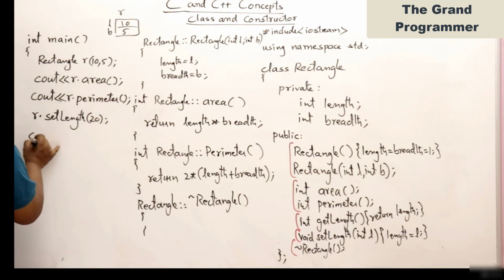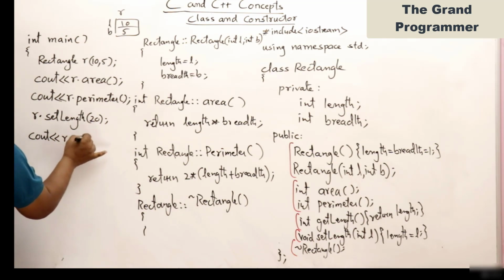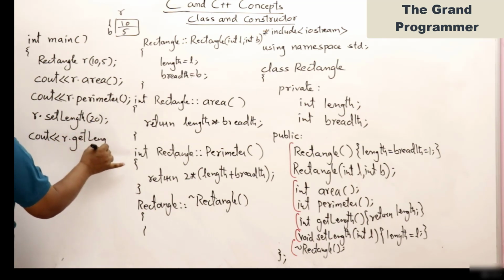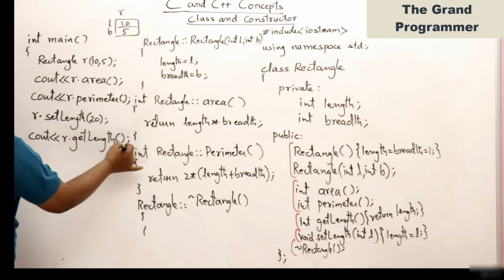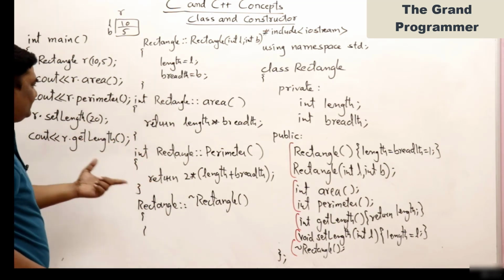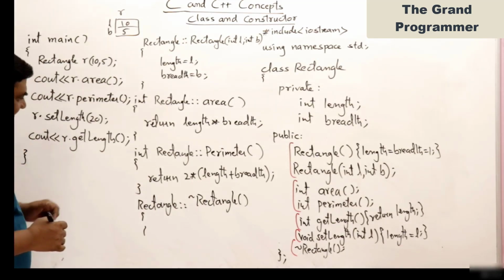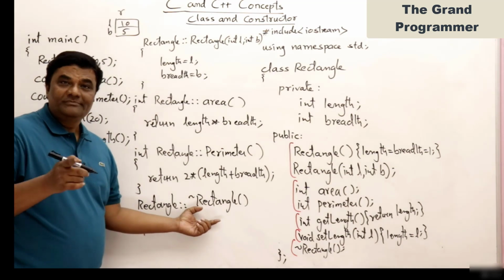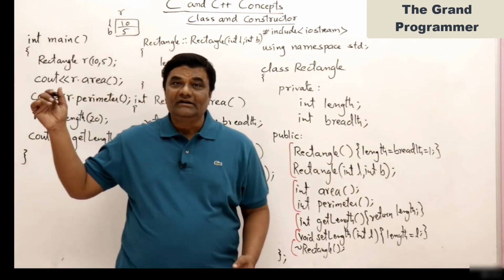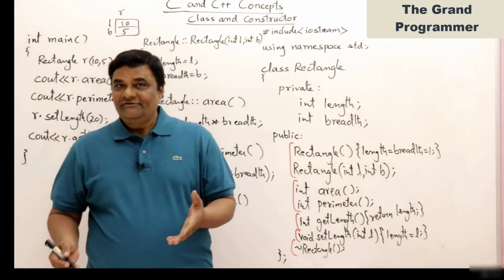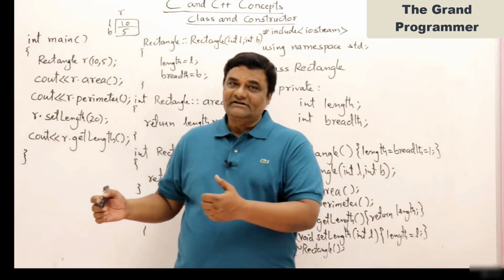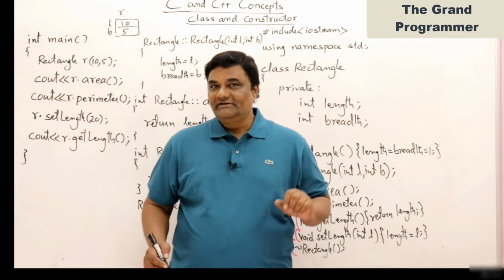Now if I want to display the length, then I can say cout r dot getLength. The length will be displayed. This function will return the length and cout will display it. So this is the end of the main function. Now once the main function ends, the destructor will be automatically called because the object is going outside the scope. The function ends, so the destructor will be called because the object will be destroyed.